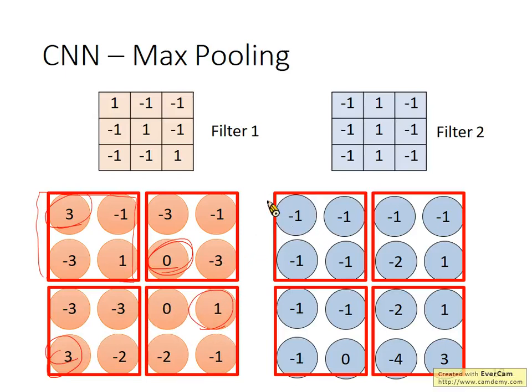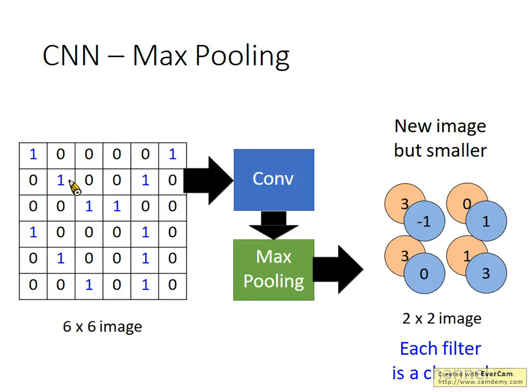And also, based on the feature map generated by the second filter, we do the same process. So the whole process is that given the input image, we first do the convolution based on some filter, and based on the feature map, we do max pooling. Okay, so finally, we get 3, 0, 3, 1 based on the first feature map. We get -1, 1, 0, 3 based on the second feature map generated by the second filter.